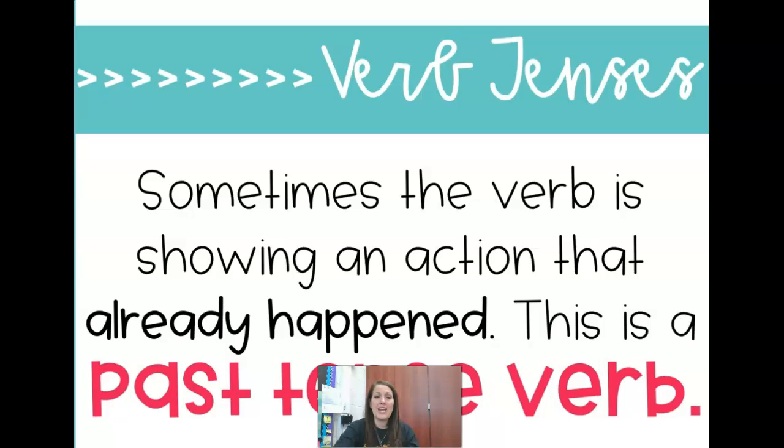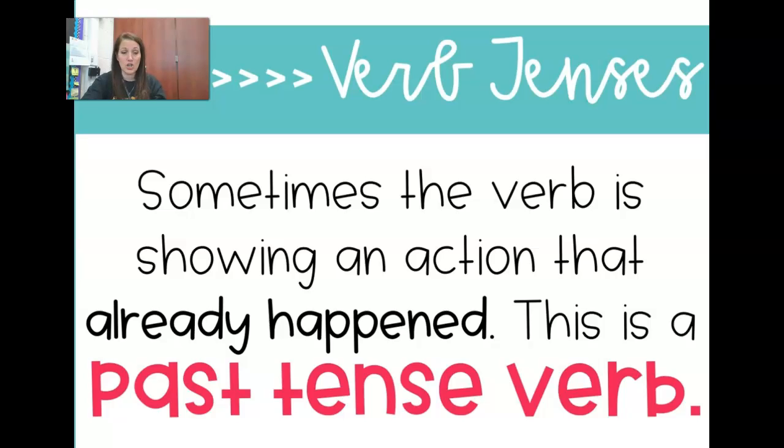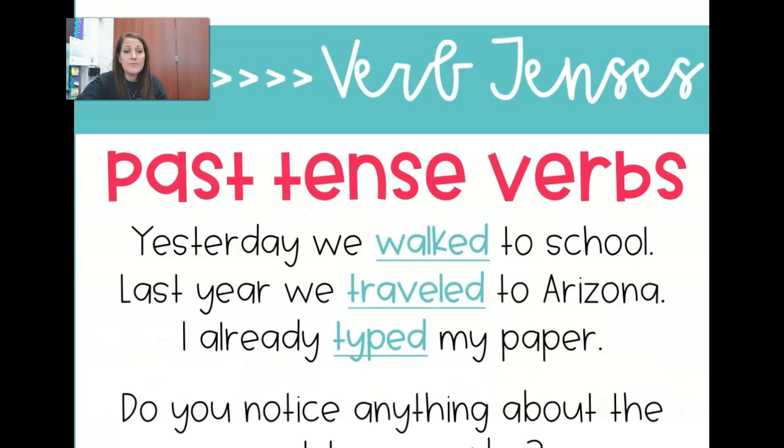Sometimes the verb is showing an action that has already happened. So that would be a past tense verb. It already happened in the past, so that's our past tense motion. So what do we do with the word then if it happened in the past? Here are some examples that sometimes you can just put a certain ending on them. Look at the endings.